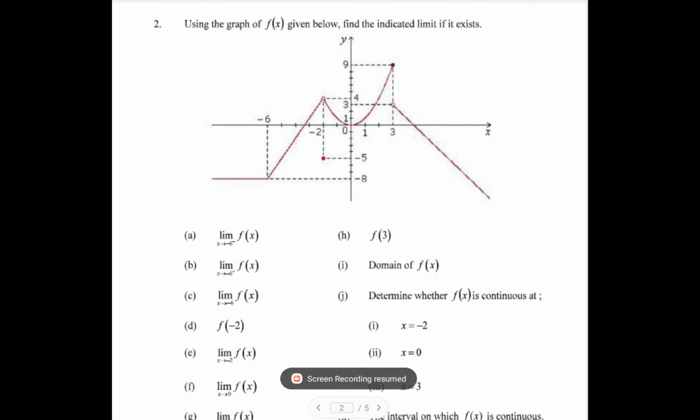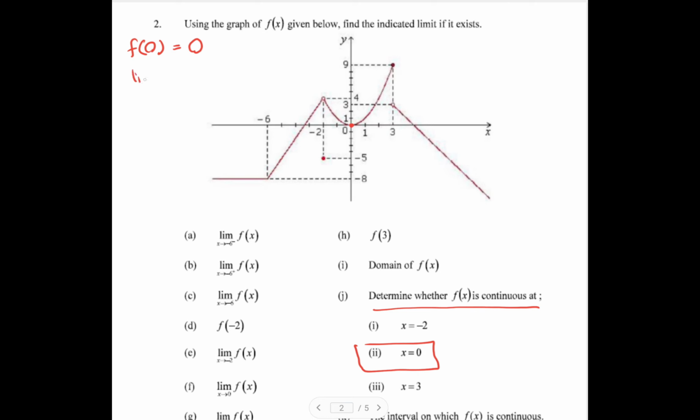Okay, next, determine whether it is continuous or not at x equal to 0. Also the same thing, we must check f(0). So f(0) equals 0 here. Then the limit as x approaches 0 from the left for f(x) equals 0, meaning from the left you get 0. And the limit as x approaches 0 from the right for f(x) also gives 0, which is from here, from the right, equal to 0.